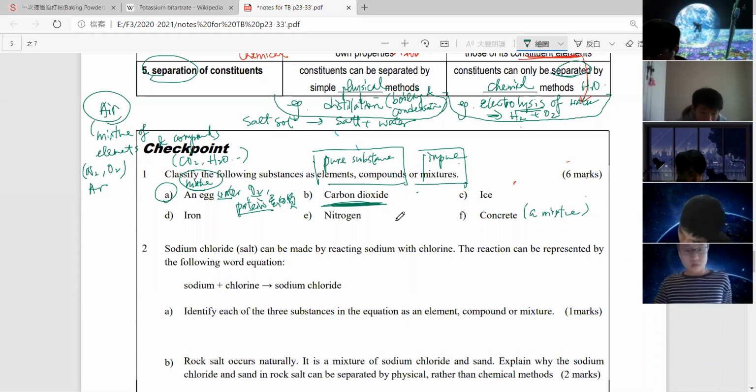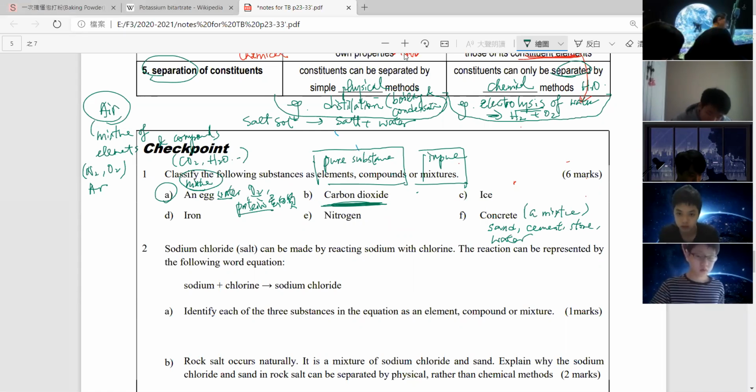Because it's a mixture of things, like sand, cement, stone, water, etc. So it is a mixture of different things, which is what we call concrete. But carbon dioxide, it is a compound.